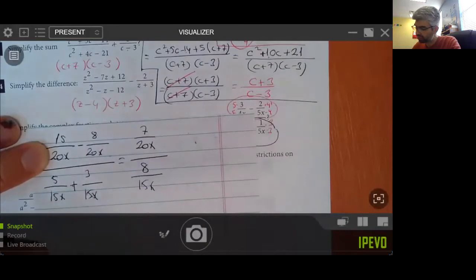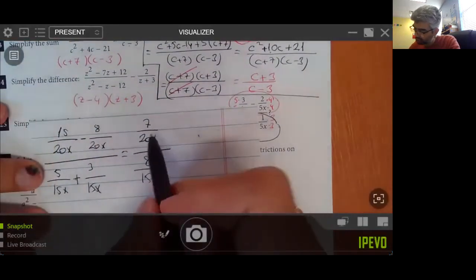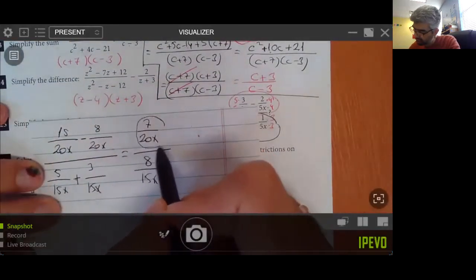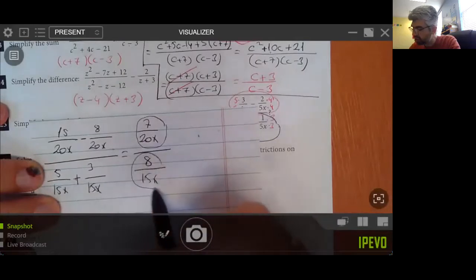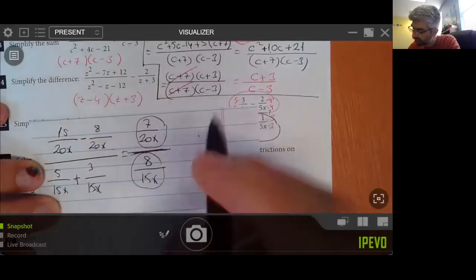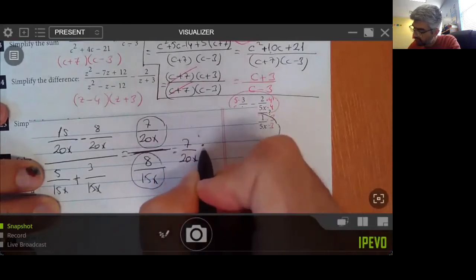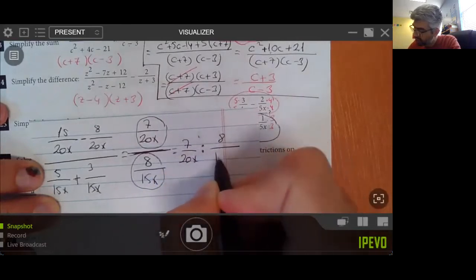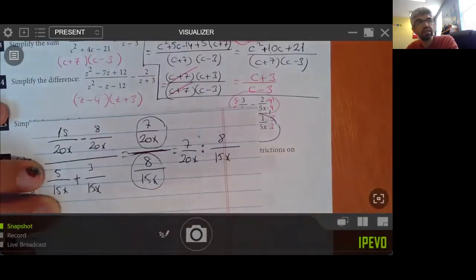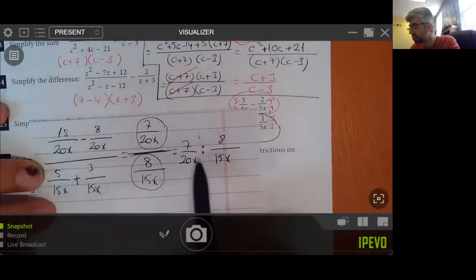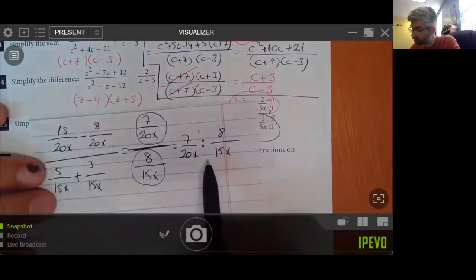What should I do? Look, this is one fraction, this is another fraction, we have division between them. So I can write it like 7 over 20x divided by 8 over 15x, and it helps me to figure out easily, because when it is in this form, oh, I know what to do.